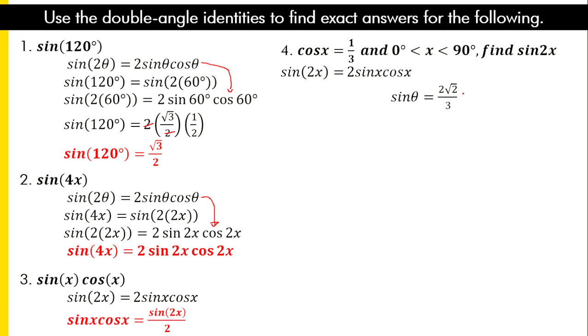With that, we can now substitute this cosine x and sine x, which is 2 times the quantity 2 square root of 2 over 3 times the quantity 1/3. Now let's simplify. The answer is 4 square root of 2 over 9, because we have 2 times 2, which is 4, and 3 times 3, that's 9. So sine 2x is equal to 4 square root of 2 over 9.